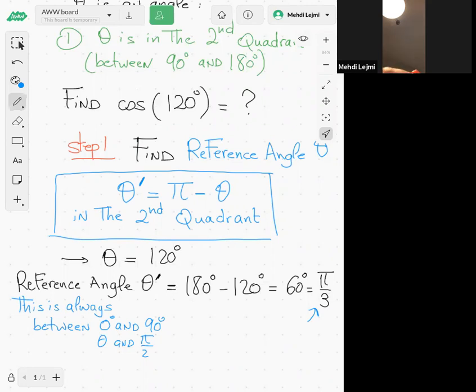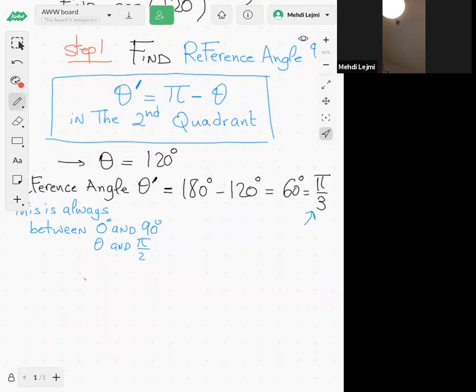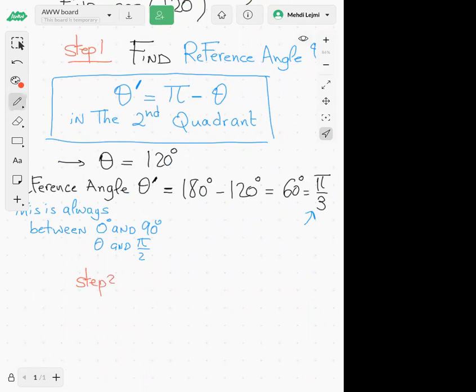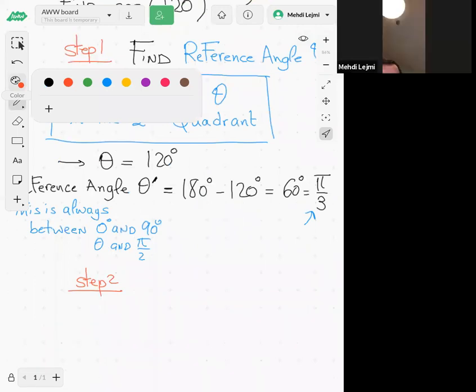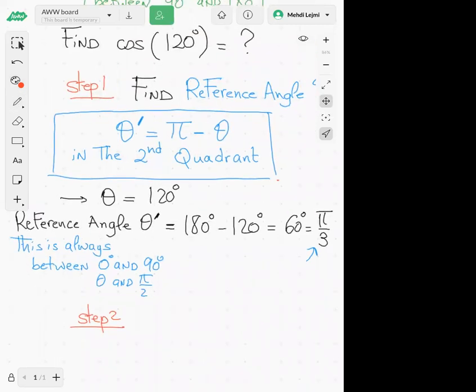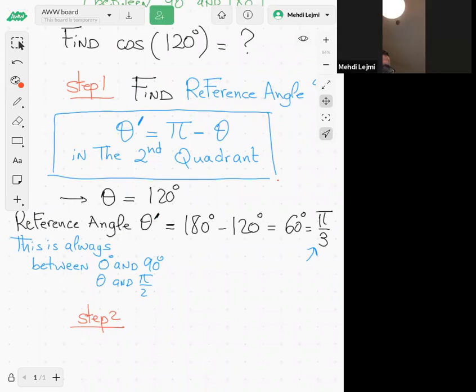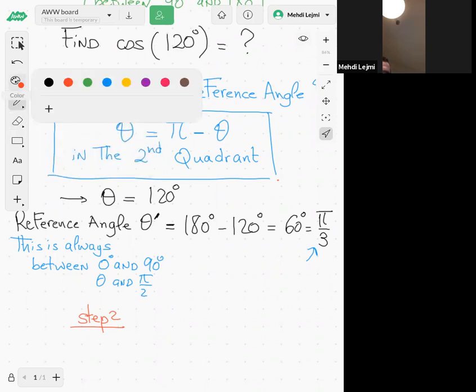So now in step number 2, is that theta raised to the power of 1? No, that's theta prime. It's like a diagonal, a dash.